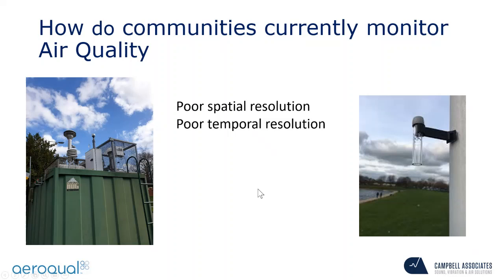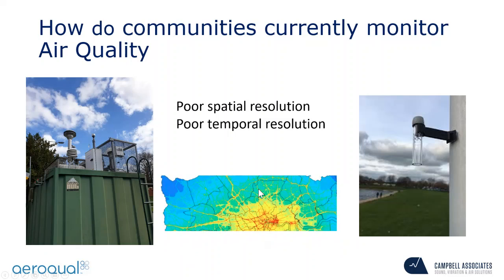And we also have the air quality models, but these models need to be validated. So today, our idea is to show you other monitoring solutions that can help us to identify very localized air quality issues and can help us tackling air pollution.